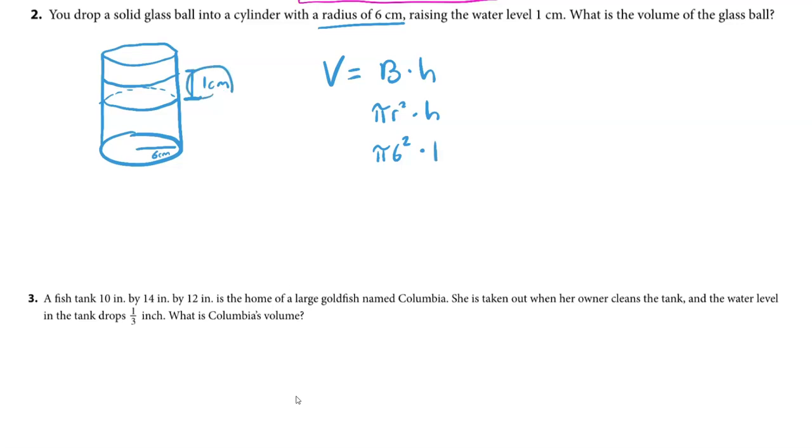Again, we're only looking at the displaced volume. We don't care about what the original volume was. Notice they didn't even give you the original height because it doesn't matter. And so 1 times 6 squared, that's 36 pi centimeters cubed, is the amount of water that was displaced when you put the glass ball in. So that's the volume of the glass ball.